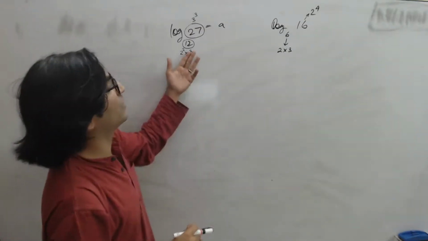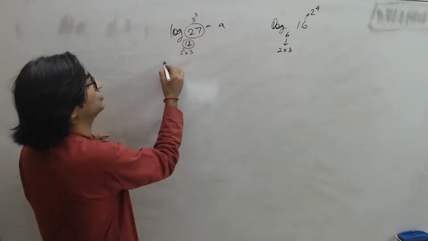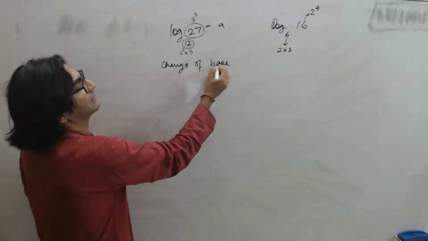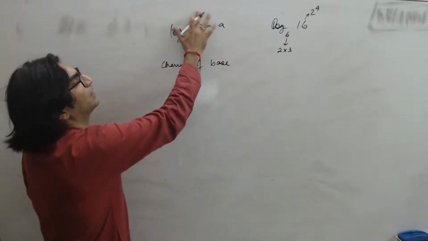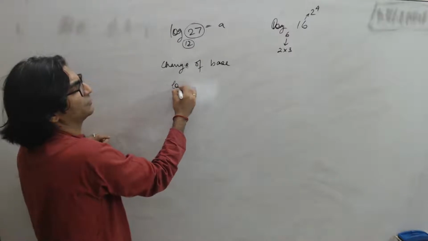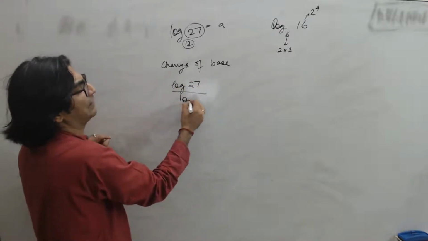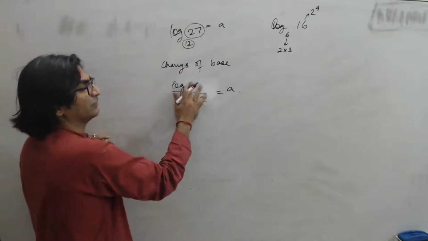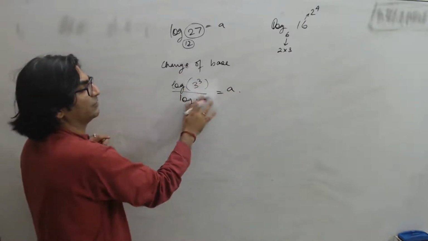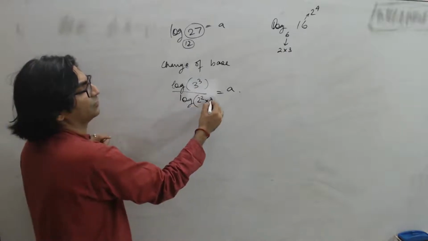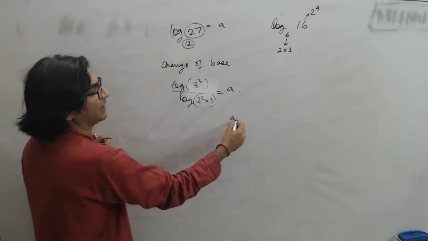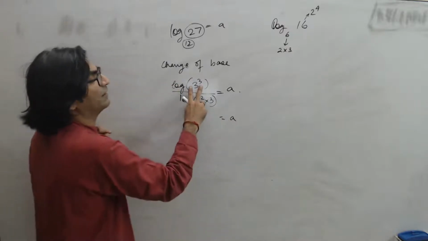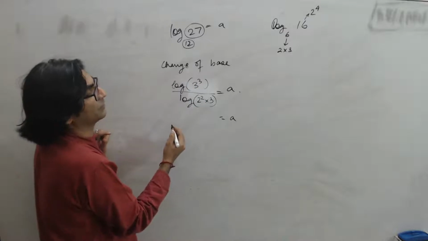That when I work with this, I'll change the base, right? So apply change of base, right? I can change it to any suitable value, but let's choose 10. So we'll write log 27 upon log 12 is equal to A. But if you write 27 as 3 cube and you write 12 as 2 square into 3, then the value of A becomes, using property number 3, when you have a radicand containing a power, it comes out, right?